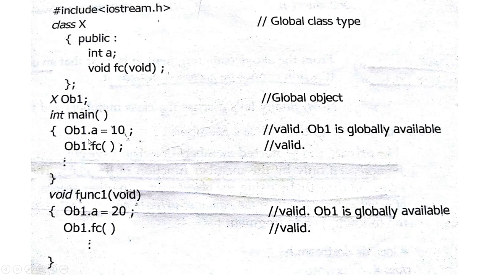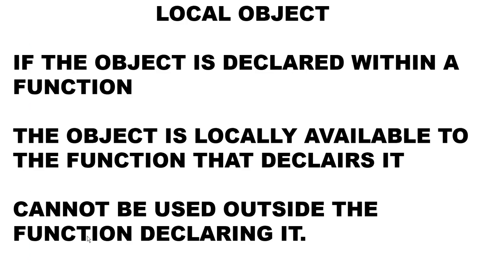This is valid because you can use a global object anywhere in the program because it is globally available. After this we are using it again in another function. This is valid because this is a global object, and here again we are using it. So you can use a global object anywhere in the program. Same way you can use a global class anywhere in the program.